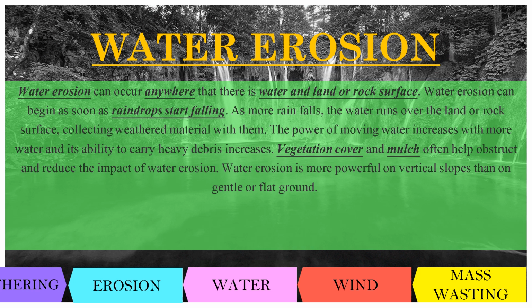The power of moving water increases with more water, and its ability to carry heavy debris increases. Vegetation cover and mulch often help obstruct and reduce the impact of water erosion. Water erosion is more powerful on vertical slopes than on gentle or flat ground.